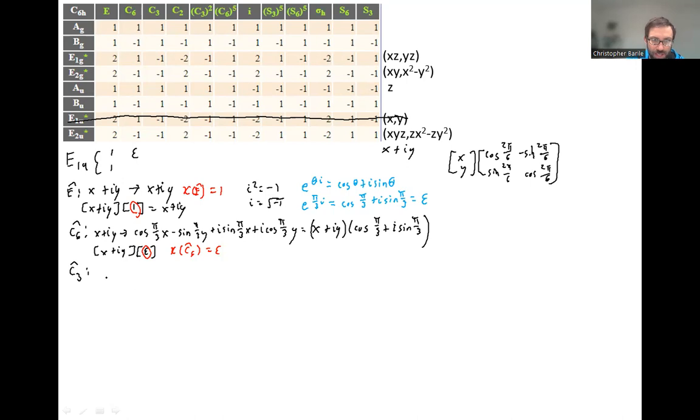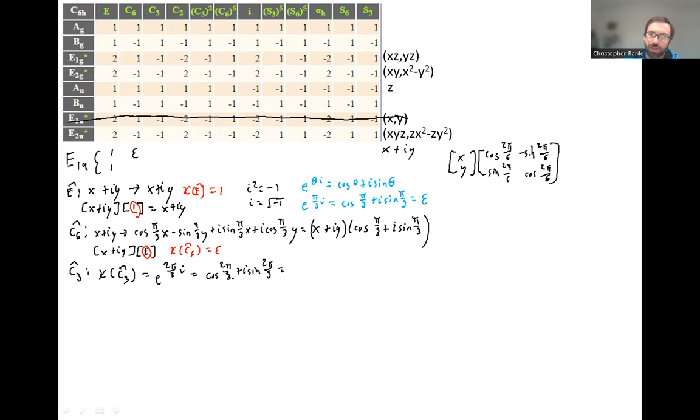And our character at the end is going to be equal to, not e to the pi over 3 i, but e to the 2 pi over 3 i. And if we work through actually what that is, that equals cosine 2 pi over 3 plus i sine 2 pi over 3.